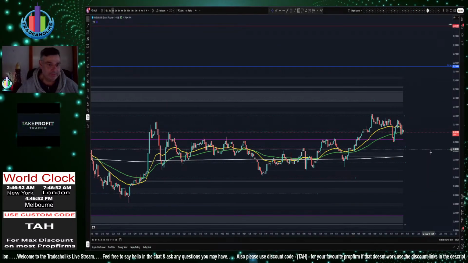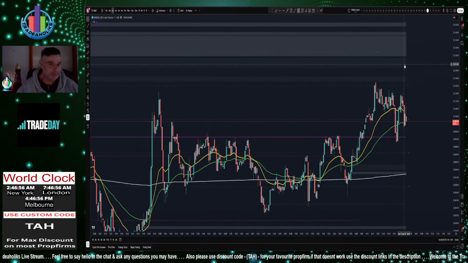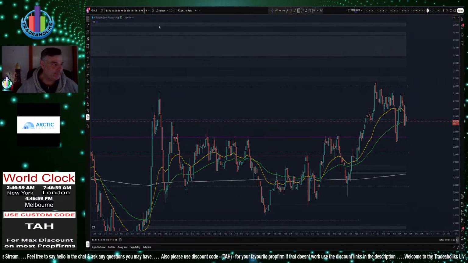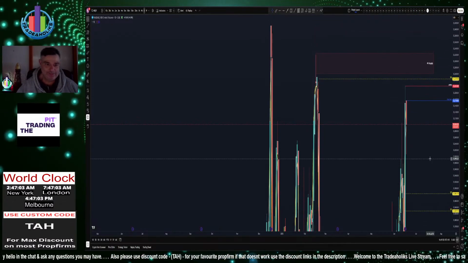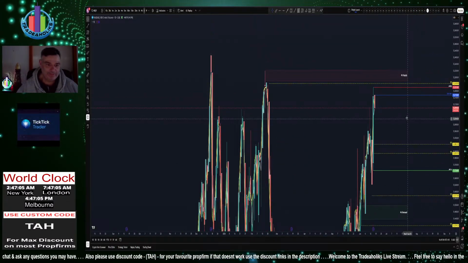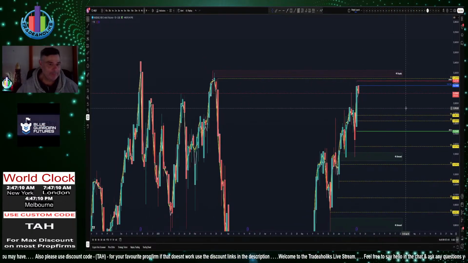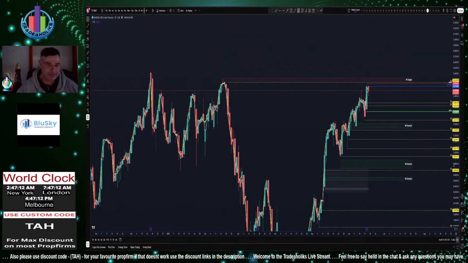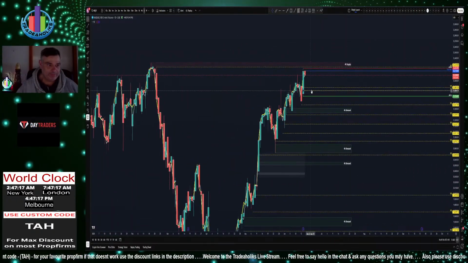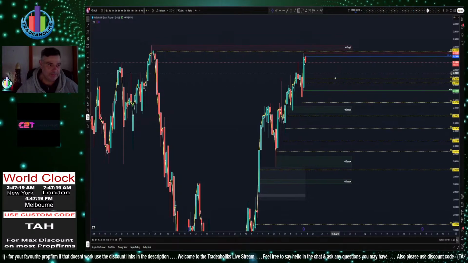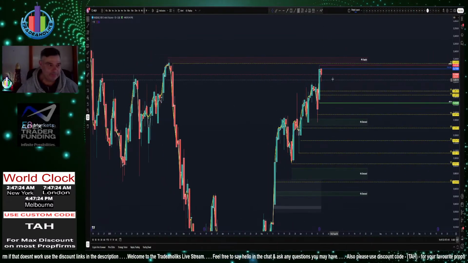We'll start with looking at, why don't we do a top-down review or analysis, what are we going to call it? A very strong push up yesterday, start of the week. Let's see if we come back down and mitigate the rest of this candle.